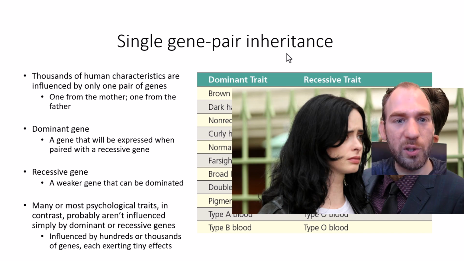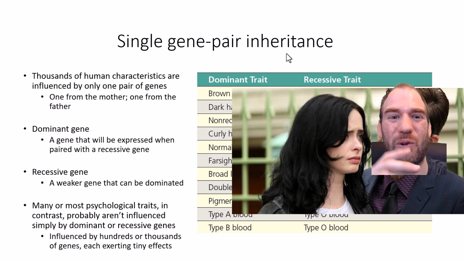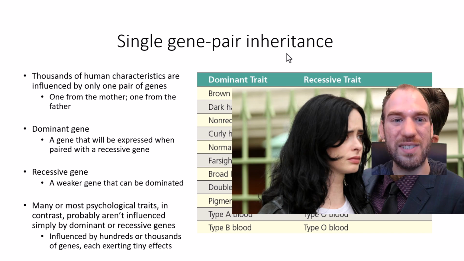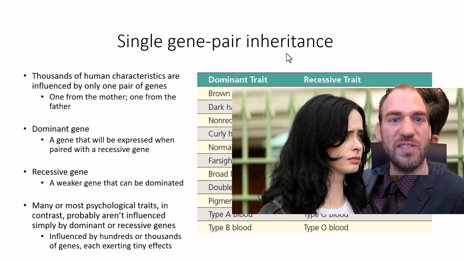All of those genes come together to maybe exert tiny influences in a complex, systematic, dynamic way. It's almost like the brain, as you may have encountered in previous psychology or biology classes, where multiple parts, systems, and regions of the brain work together in tandem in a very complex, interactive way. You can conceptualize genetics this way as well.